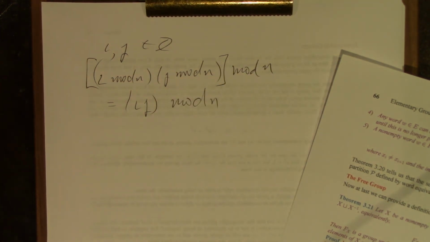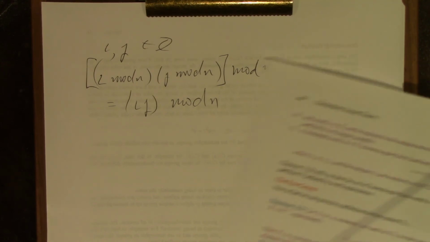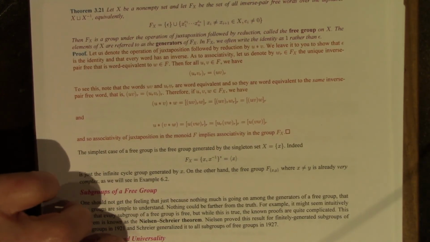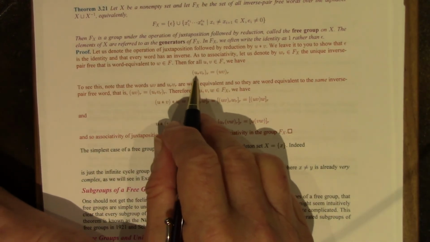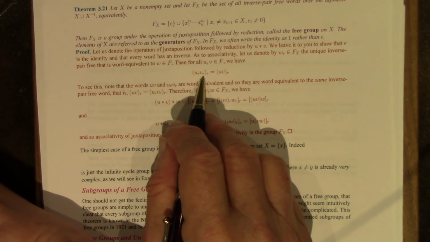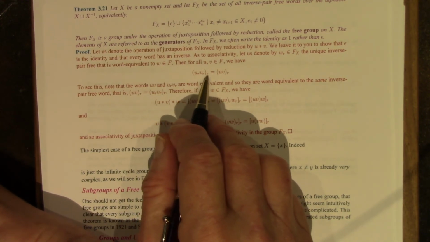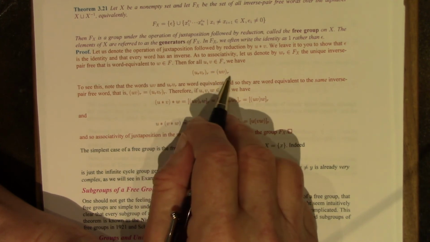You didn't need to take the first two reductions mod n. It works the same way here. Reducing u and reducing v were not necessary as long as you reduce after you take the product.